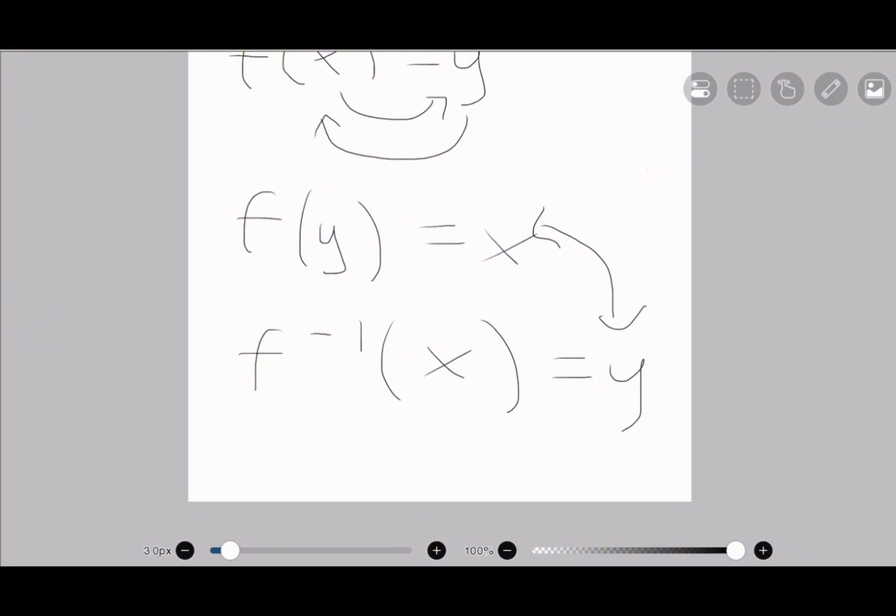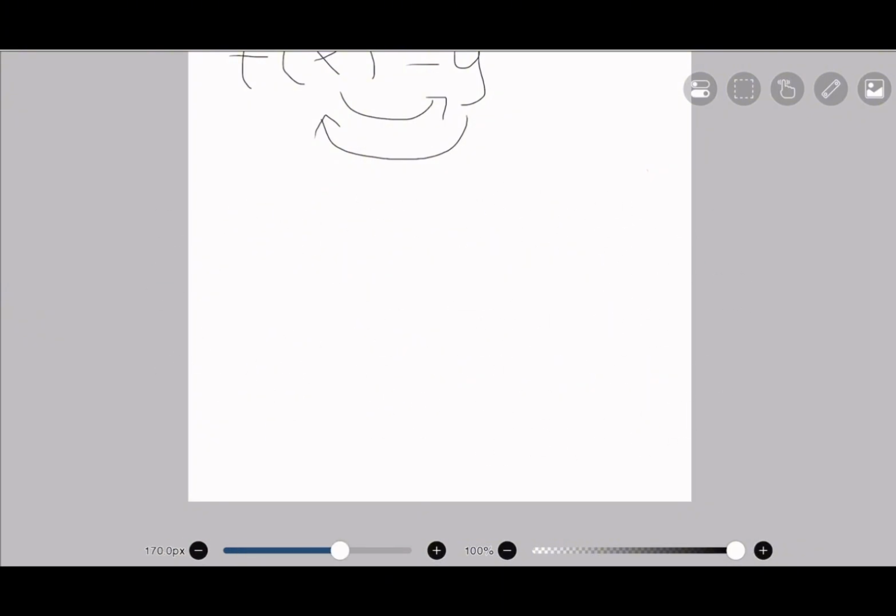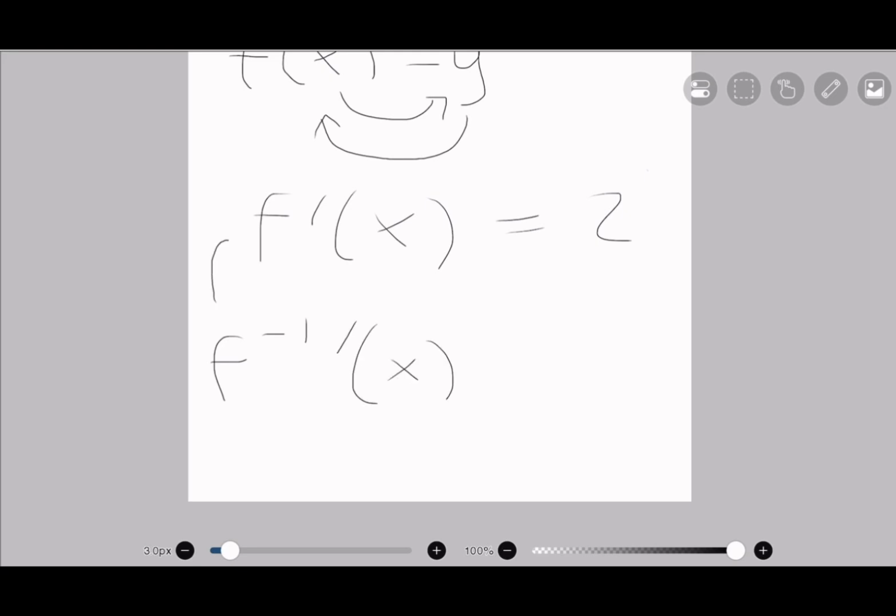Know that when you find the derivative of f of x, let's just say it is 2. The inverse derivative will be the reciprocal of the derivative in the original function.